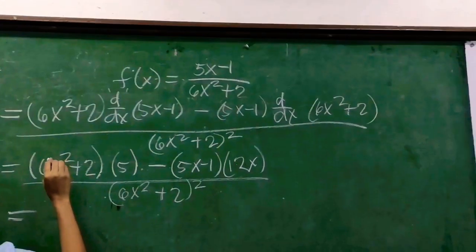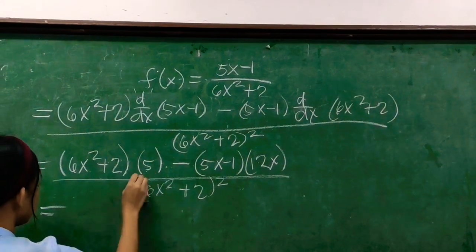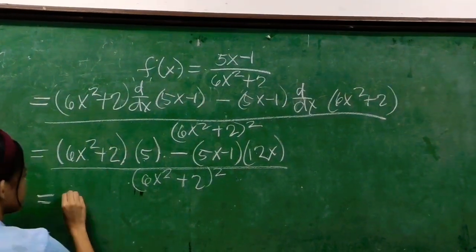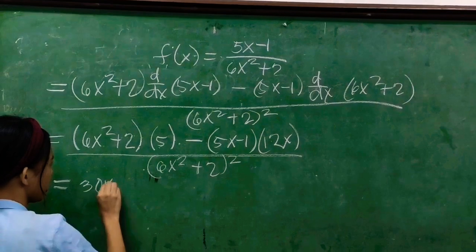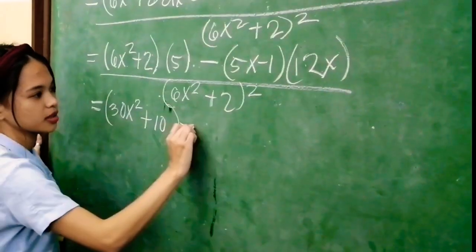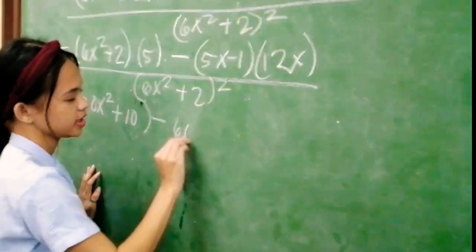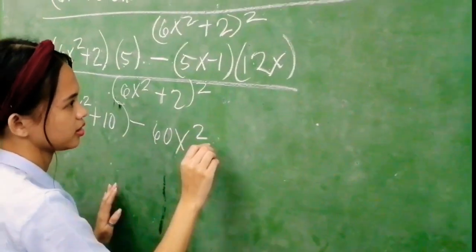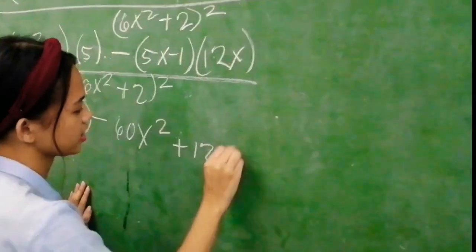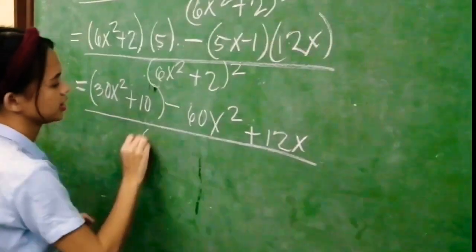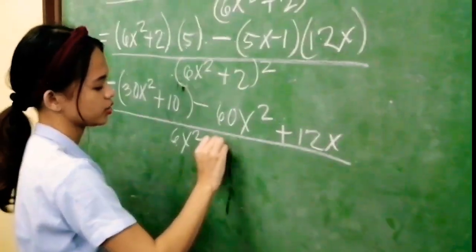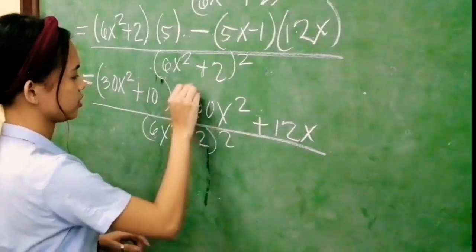Next, we will multiply the denominator and the derivatives, and it will become 30x squared plus 10 minus 60x squared plus 12x over 6x squared plus 2 squared.